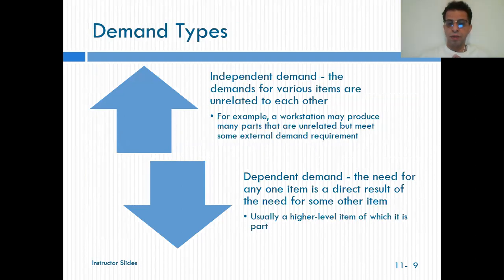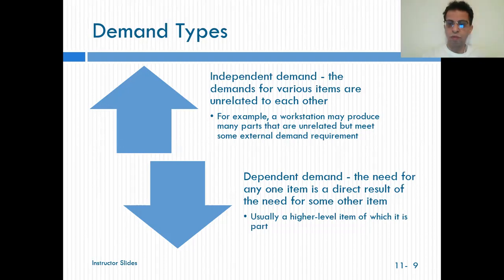So, demand types: there is what you call independent demand, and there is what you call dependent demand. Independent demand is when the demands for various items are unrelated to each other. For example, in a workstation, you may produce many parts that are not related, but meet some external demand.